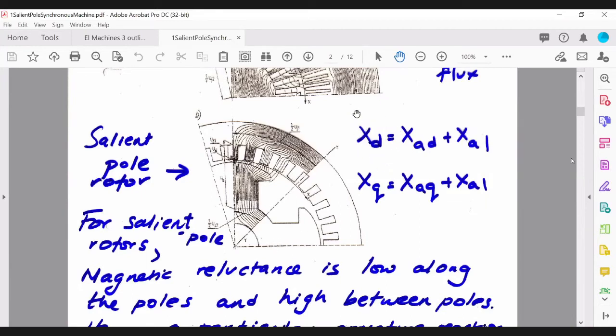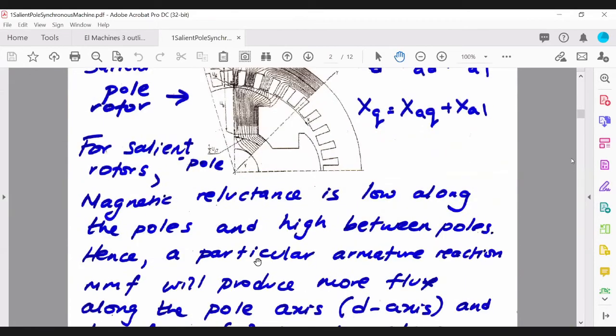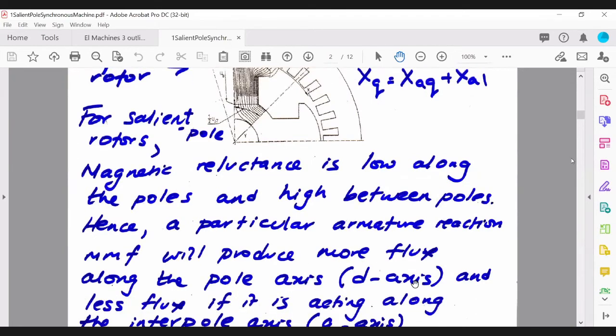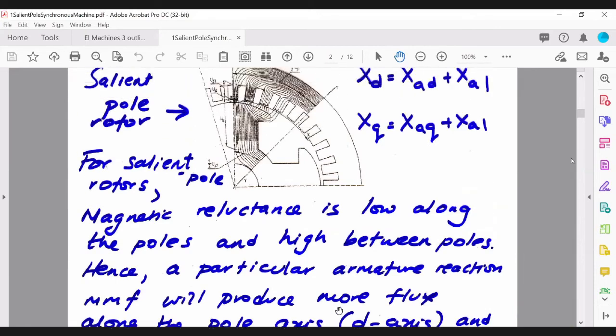You have XD, which will be your d-axis reactance, and XQ, the q-axis reactance, right? So that's the axis along your interpole area. And so for a particular armature reaction, the MMF will produce more flux along the d-axis, which is your pole axis, and it will produce less flux if it is acting along the interpole axis, which is your q-axis.